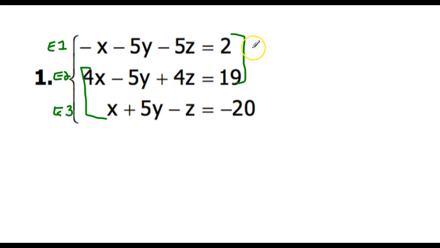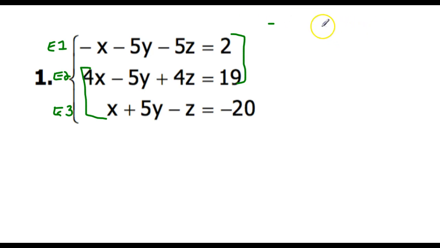So for this first one, I want to add and eliminate a variable. I'm just going to happen to choose, it doesn't really matter to me, the x. I want to eliminate x on everything. So to eliminate the x's here, I'm going to multiply everything in equation 1 by 4. And that gives me negative 4x, no, we got a negative 5 there, don't we?